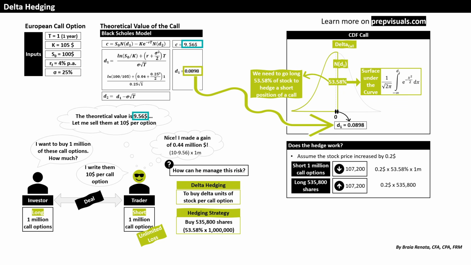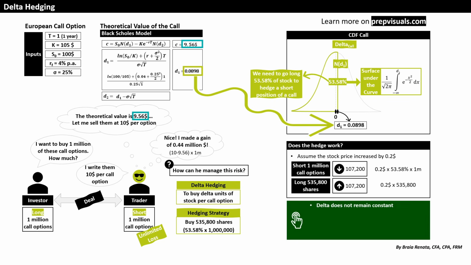So basically, delta hedging is a nice, neat little strategy, but the key takeaway I want you to walk away with is that delta doesn't remain constant. And this is because changes in the underlying price automatically result in changes in delta.